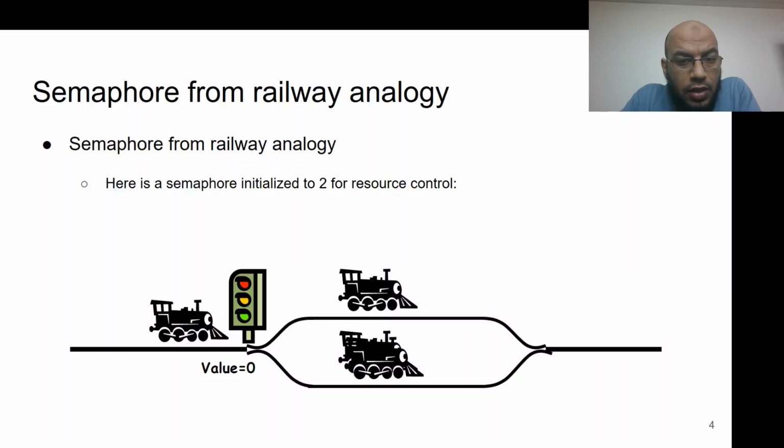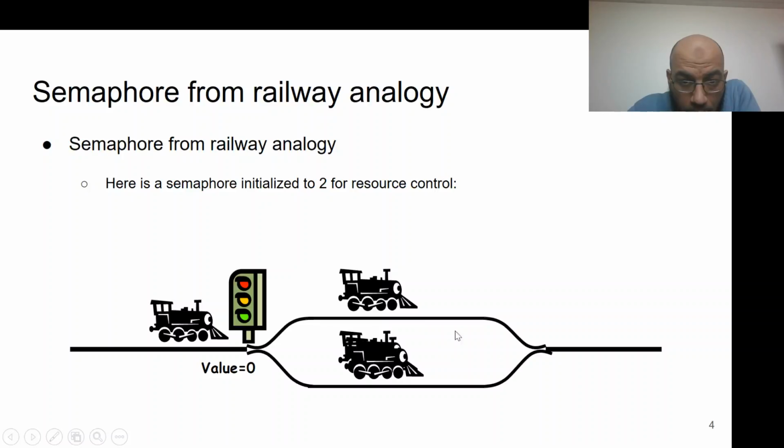And the analogy is that if you have, for example, two tracks, like in this figure, two trains can pass in parallel. Of course, when coming out of the tracks, you do not want them to come out simultaneously. One of them should come out first and then the other one, otherwise they will crash.